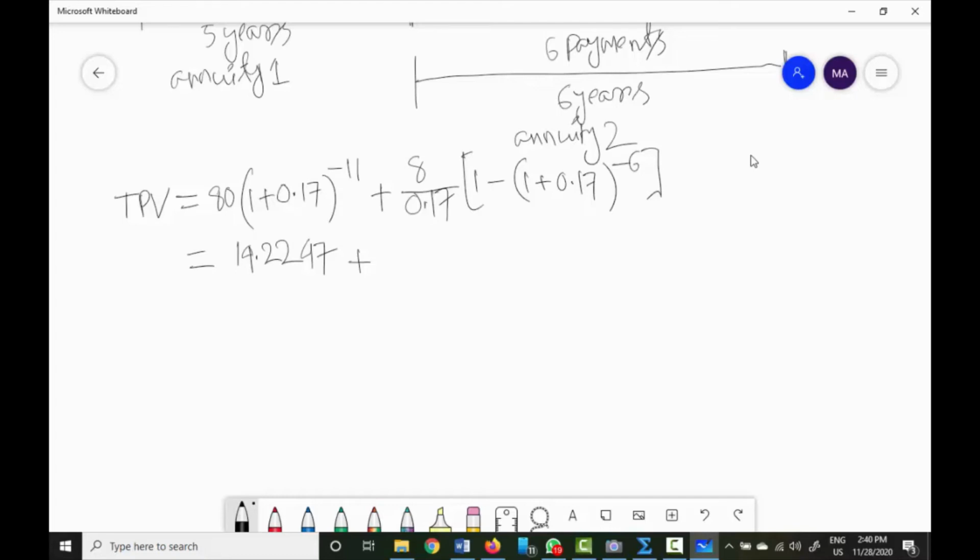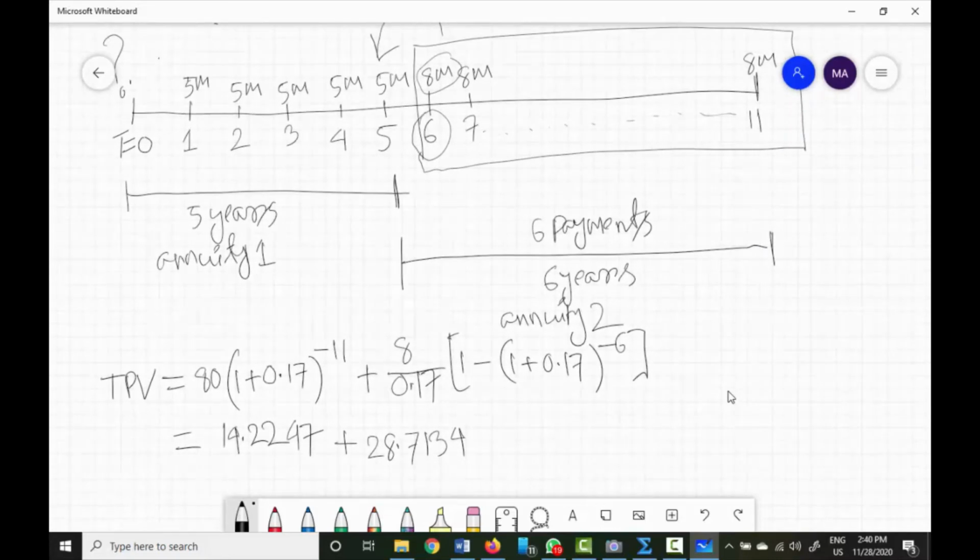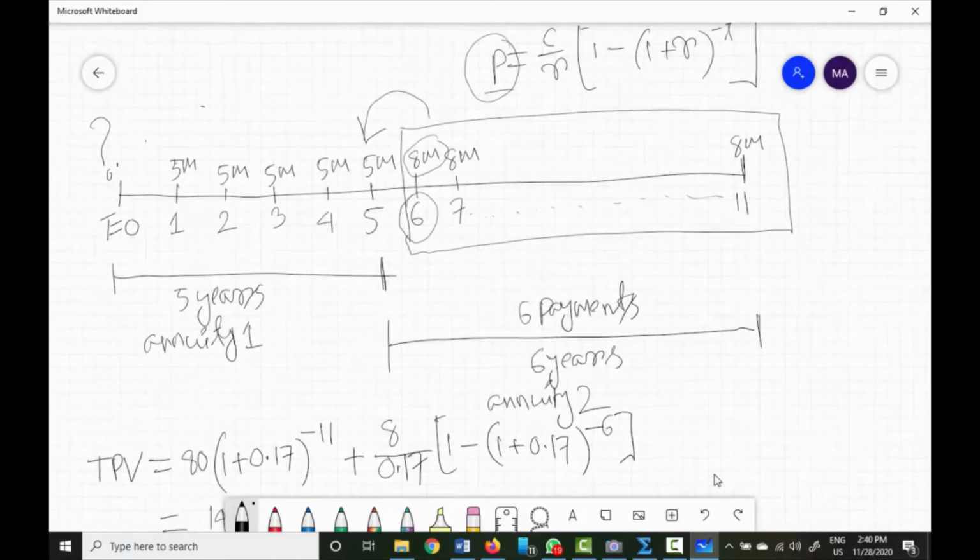Right. So the value we will get is 28.7134 million taka. This present value of annuity 2, 28.7134 million taka, will be received at period 5. So this present value will be received at period 5.